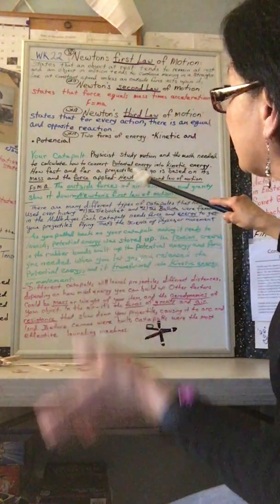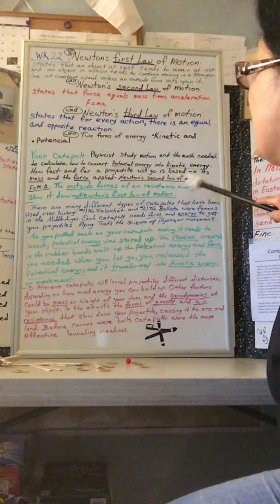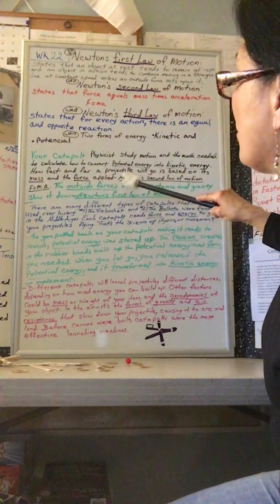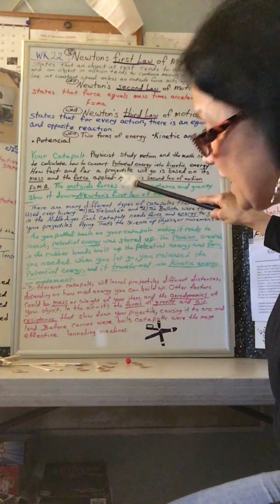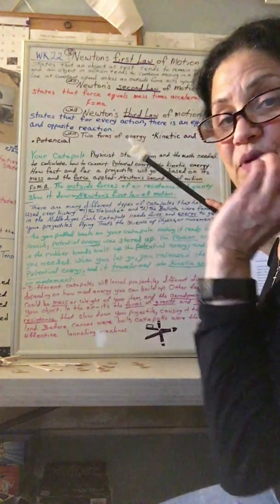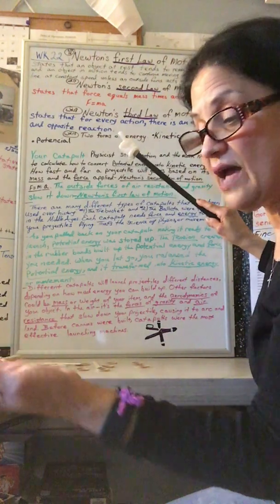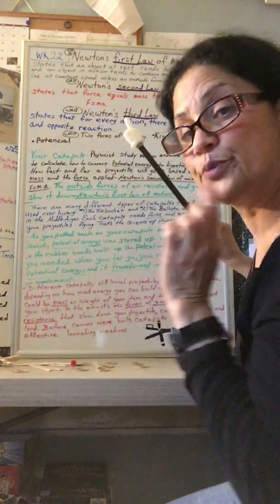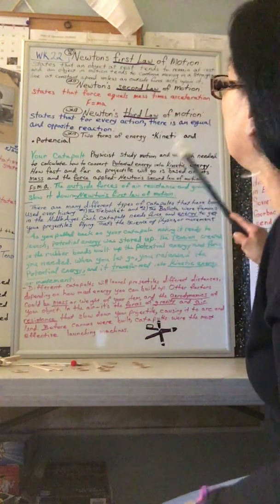How fast and far a projectile will go is based on its mass and force applied. So what's a projectile? A projectile is anything that's going to be thrown. Over here, I have a little red fuzzy ball, and we're going to be projecting that in a little bit.